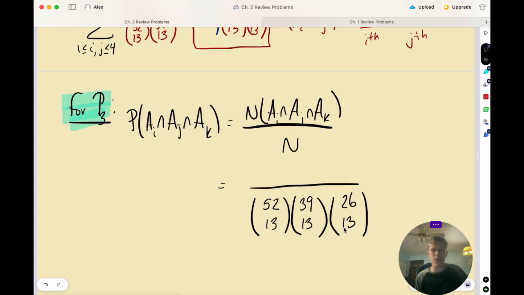Another way you can think about this that's the same exact thing, and I'll show it here. You could also think about it like the following.